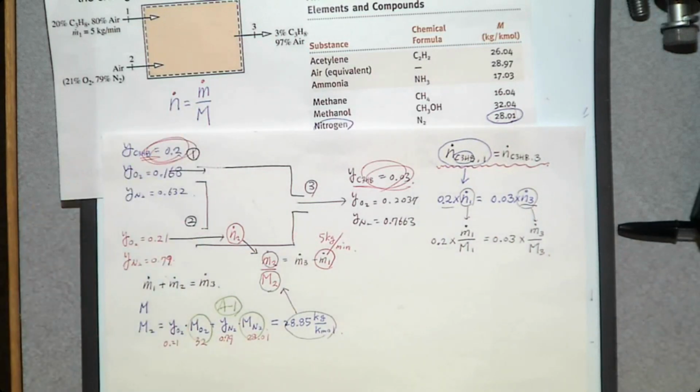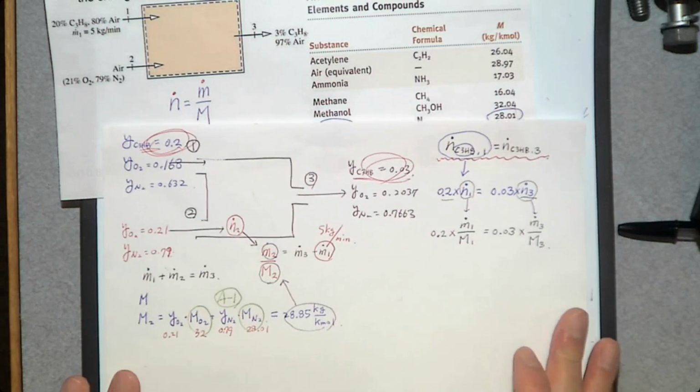Then we can find m1 and m3 by using this equation. So let's do that.